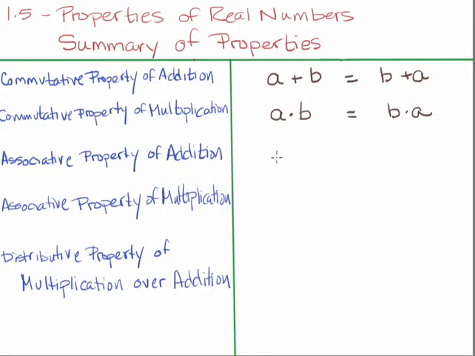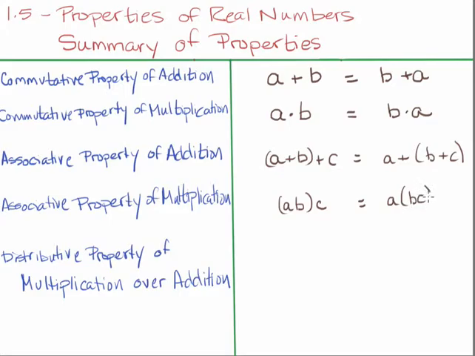The associative property of addition says that I can associate A and B in addition before I add C, or I can associate B and C in addition before I add that to A. The associative property of multiplication says I can associate A and B in multiplication before I multiply the result by C, or I can multiply B and C first and then multiply that result by A.